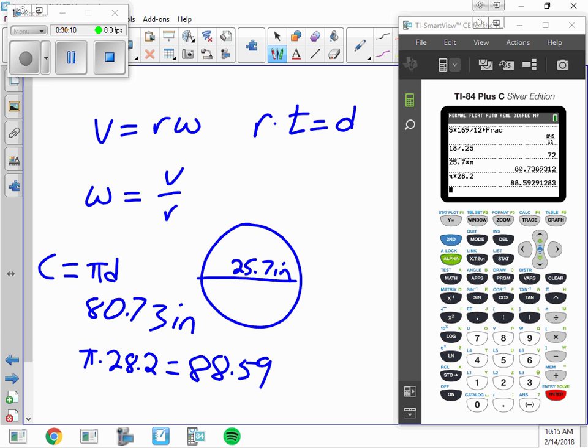Now what should I do? So this tire is traveling 70 miles per hour, right? So how is that going to help us?